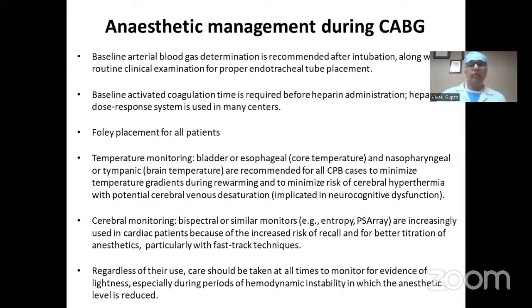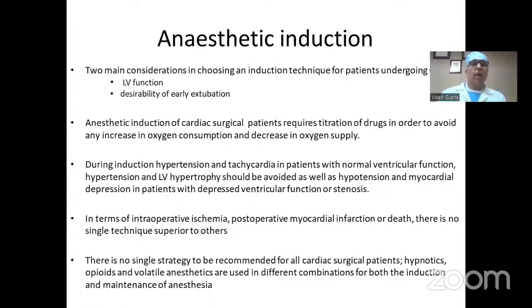Cerebral monitoring can be done with the use of the bispectral index, entropy or PSI. Whatever method we are using, this will guide us to ensure adequate depth of anesthesia. How do we induce the patient? It is important to understand that while inducing the patient, there is a risk of hemodynamic instability, especially when the patient's cardiac function is not good.